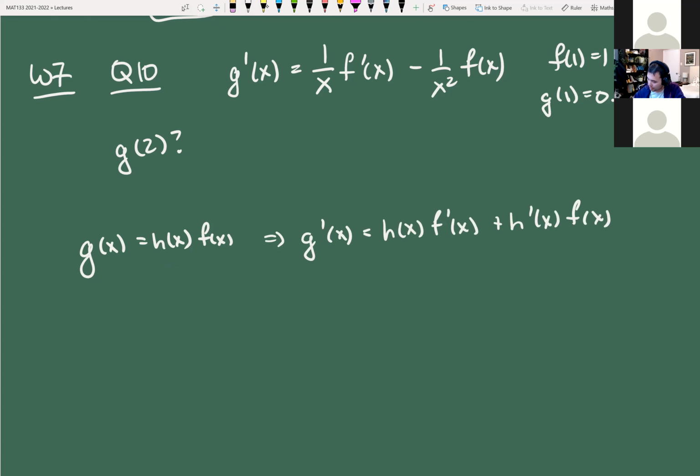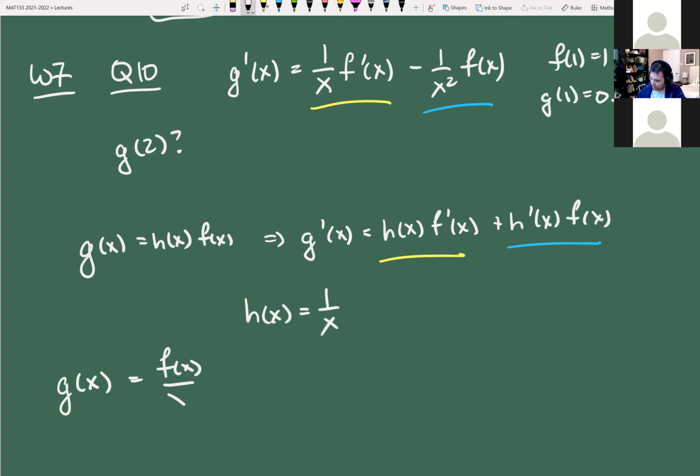And if we compare that to this, is there an h of x which does this? The answer is yes. H of x must be 1 over x. So that tells us g of x is f of x over x.